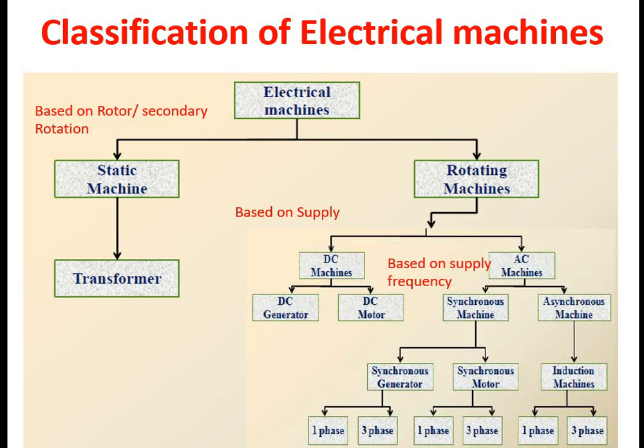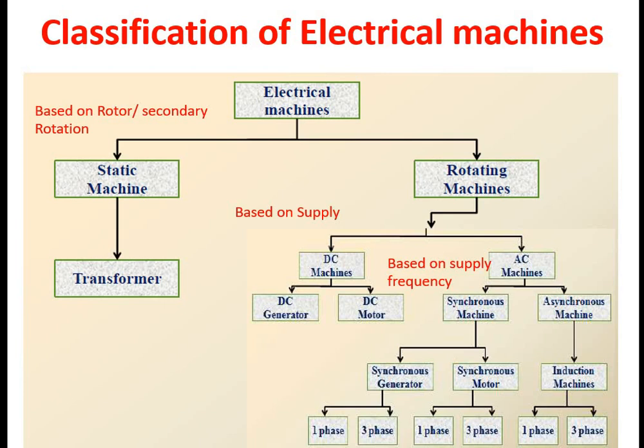The word induction refers to the way that particular machine is operated. It means the way by which the rotor gets power for its rotation. So if the machine gets power by means of induction on the rotating part, we call those induction machines.